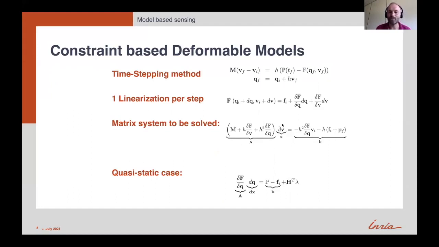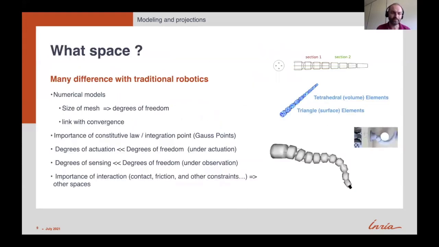And here you obtain a new variation of velocity, which is your unknown at the end of the time step. If you want, you can obtain the same kind of equation in the quasi-static case: A X equal to B.